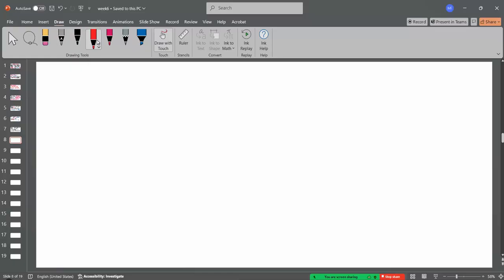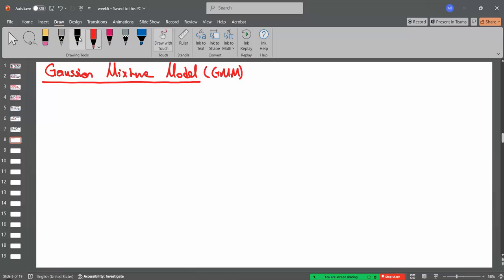This is called the Gaussian mixture model. This is the GMM. Okay?